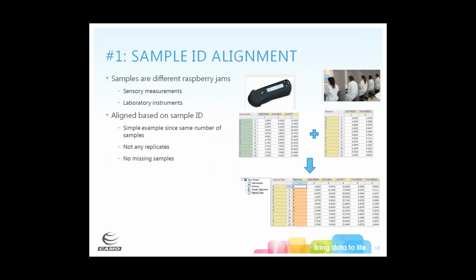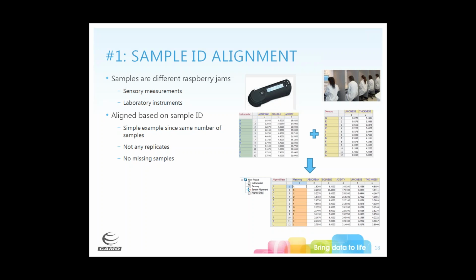If you take the simple example, this is the simplest possible example. You have some sensory measurements, and you have some laboratory measurements from laboratory instruments. Then in this example, the instrumental data are given sorted as there is one measurement per sample, and they are labeled A to L. In the second sensory data here, you see that the same samples are present, but they are ordered differently.